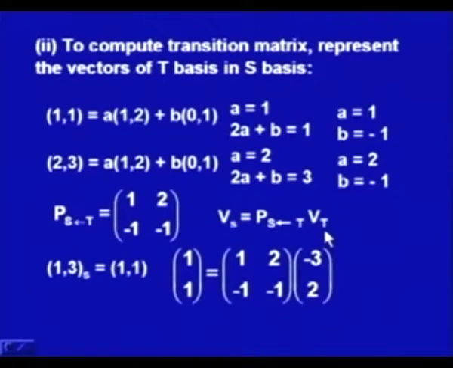Vt is the vector (1, 3) in T. This we have already obtained as (-3, 2), and if you really perform this multiplication, you can see that the first entry is 1 times -3 plus 2 times 2, which is 1, and the second is -1 times -3 minus 2, that comes out to be 1. So, the result is verified.